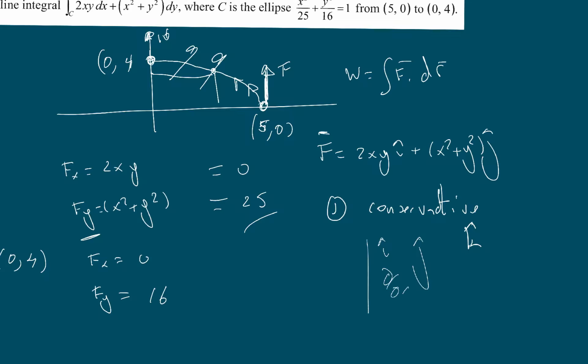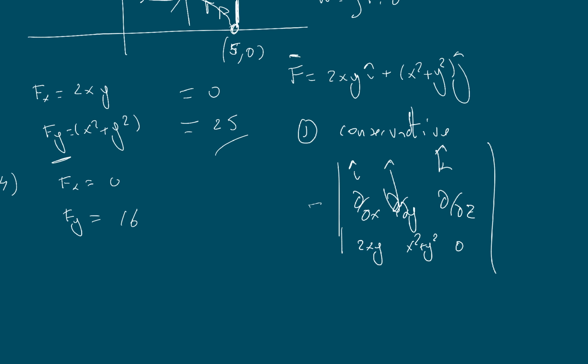So Fx will be 2xy, Fy will be x squared plus y squared, and the z component will be 0. So the curl of F will have only k components.